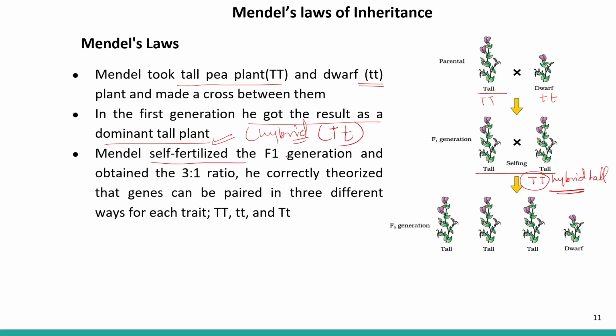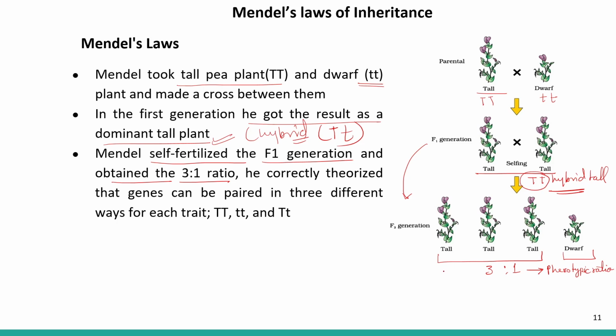Mendel self-fertilized the F1 generation and obtained a 3:1 ratio. So from this F1 generation, he took one male plant and one female plant and made a cross, and he got 3 tall plants, phenotypically 3 tall plants and 1 dwarf plant. So the 3:1 ratio is the phenotypic ratio.